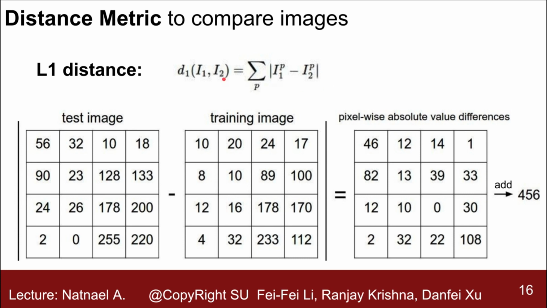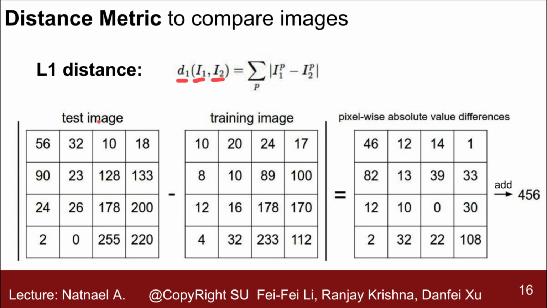So D1 of I1 and I2 means distance 1 between image 1 and image 2, which we can see at the pixel level, is the sum of the absolute difference of each pixel from the test image side to each corresponding pixel on the training image side.